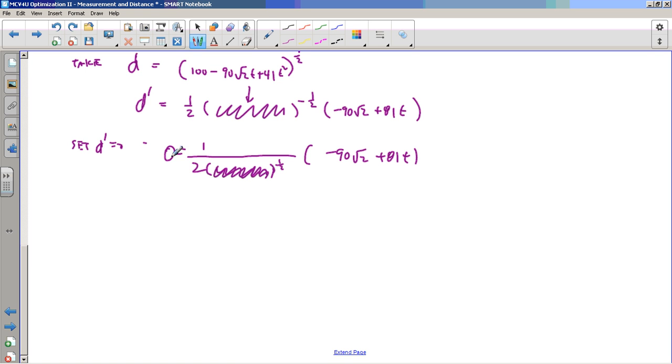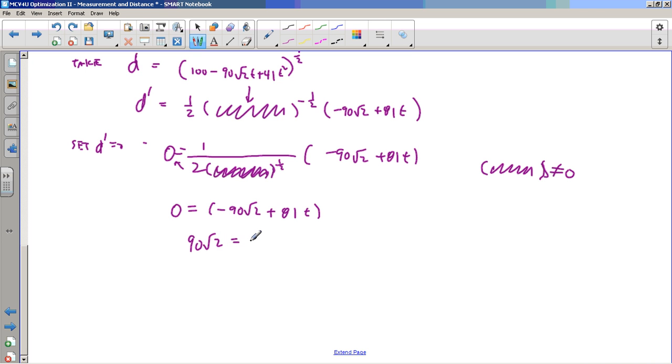Why do I not care? Because if I'm solving this rational expression, all I would have to do is, as long as this thing is not equal to 0, and I'm going to check that, of course, when I get my solution, I can just cross multiply. Then I end up with the top equal to 0, which is fairly reasonable to solve, isn't it?